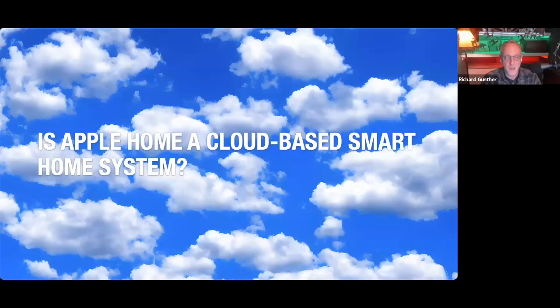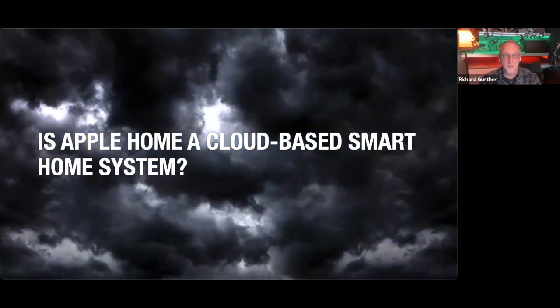So is Apple a cloud-based smart home system? Because that could be considered good or it could be considered bad. And I would argue that it is not, because all of the stuff that's happening in your home, it's happening locally. That means if you lose your internet connection, as many people apparently do, way more than I do, then your smart home stuff is still going to work.